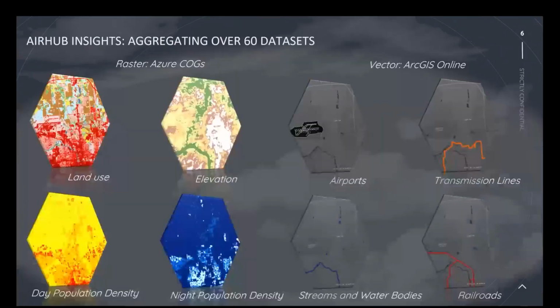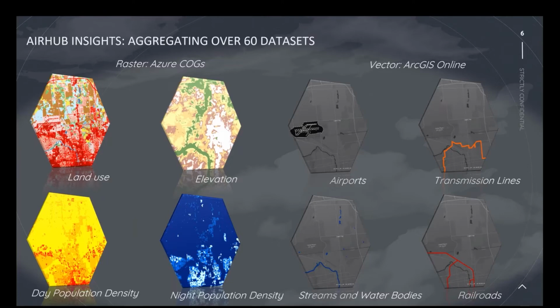One thing that we see differentiating us from others in the market is our commitment to data sets, and particularly geospatial data. We've aggregated a repository of over 60 data sets in our AirHub Insights lab, ranging from COGs stored on Azure and vectors stored in ArcGIS Online.